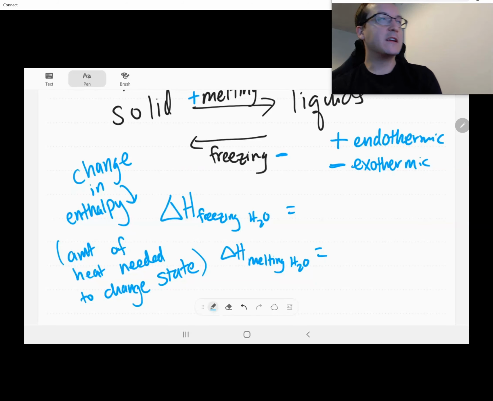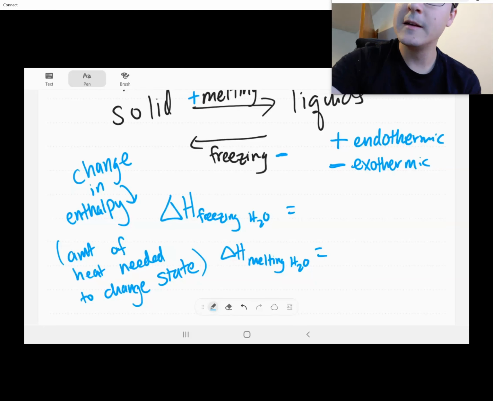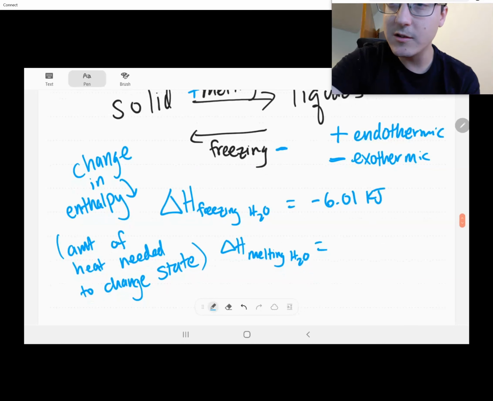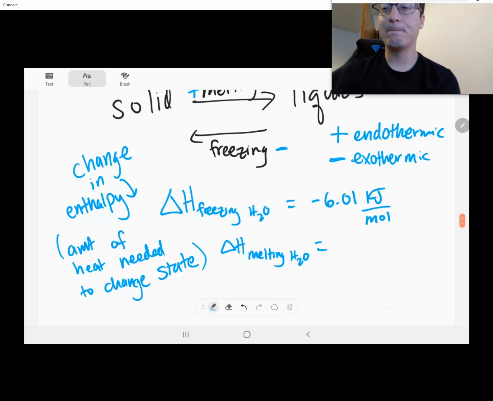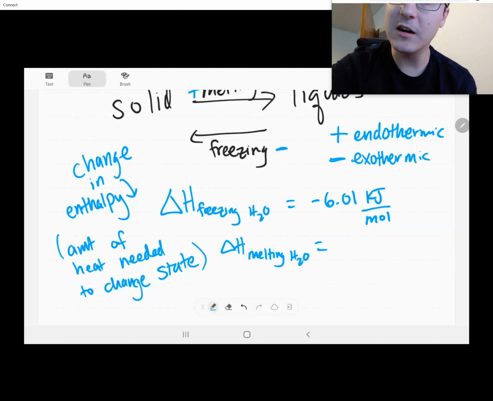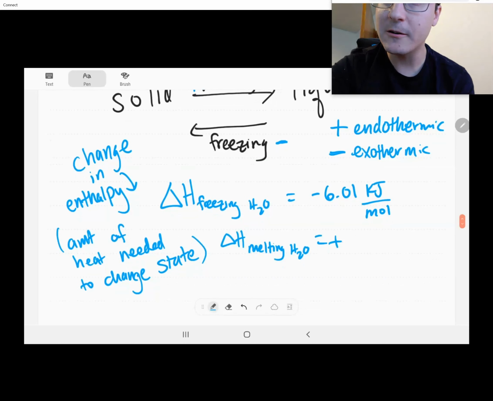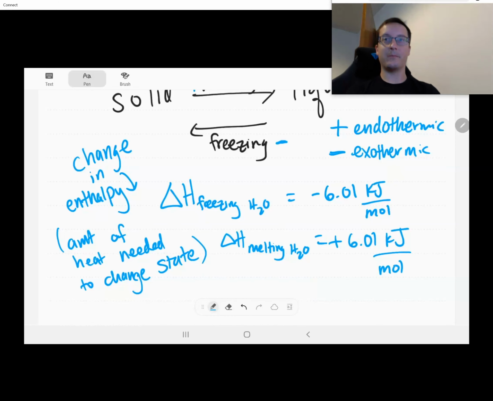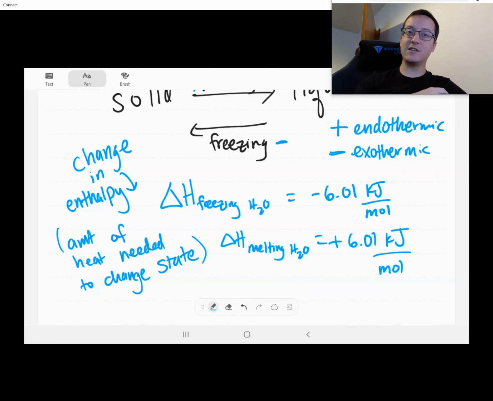So freezing, we've already said, is exothermic, and it turns out that this value is going to be negative 6.01 kilojoules per mole. And the value of delta H for melting water is positive 6.01 kilojoules per mole. So the energy needed to freeze something and the energy needed to melt something are identical in terms of magnitude, how much energy.